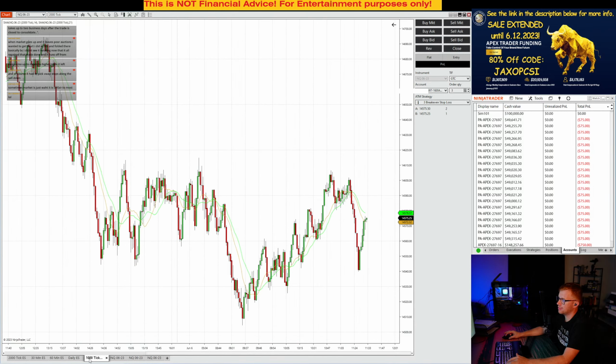What's NQ doing? NQ just ripped lower. Now, is it going to try and get to new highs here, or is this just a little bit of a bounce and it's going to sell off more?